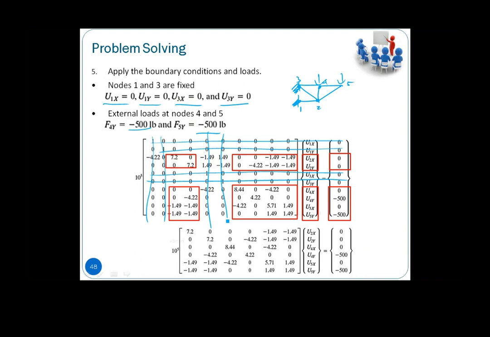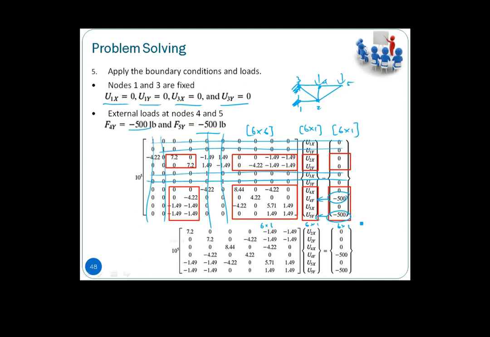So we end up with a 6 times 6 matrix for our global stiffness matrix. Then we have this 6 times 1, and this 6 times 1, applying 500, negative 500 at U4x, and negative 500 at 5y. So we end up with this 6 times 6, 6 times 1, 6 times 1.